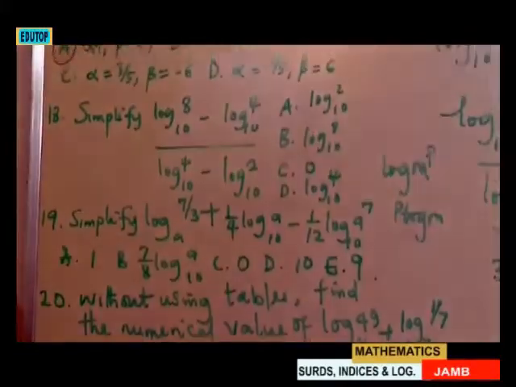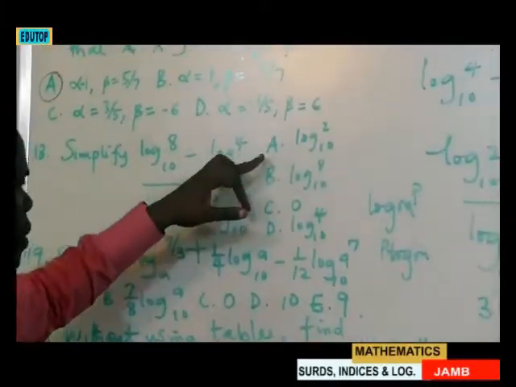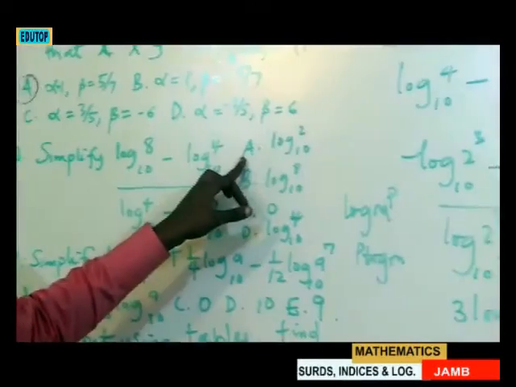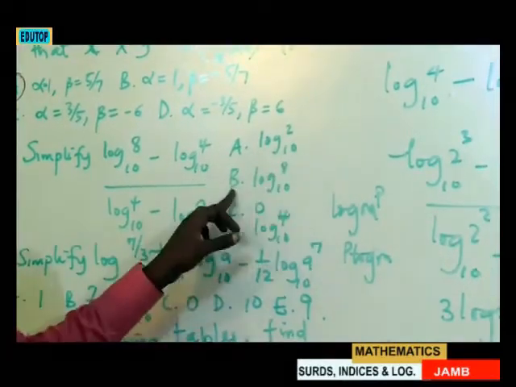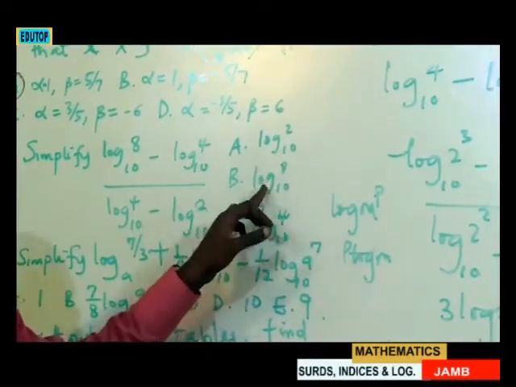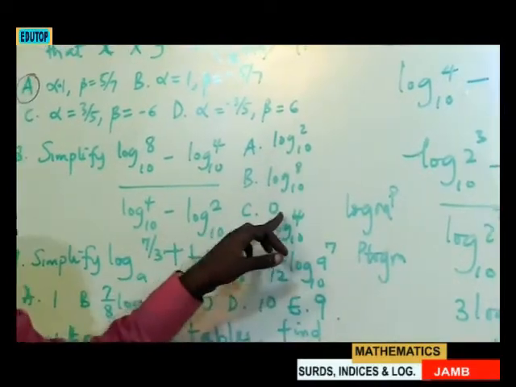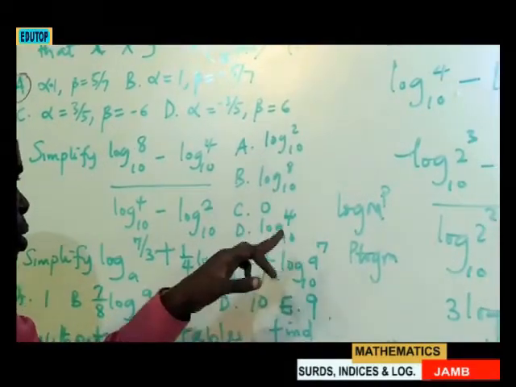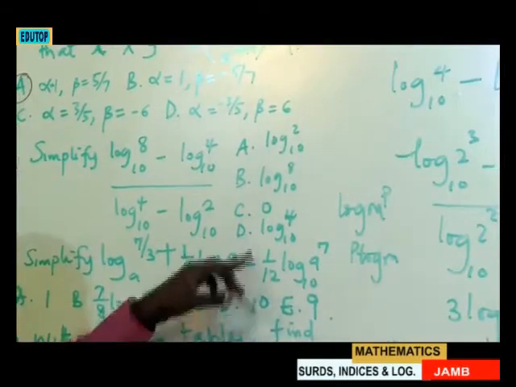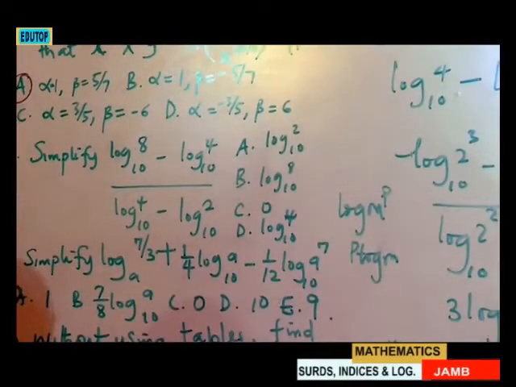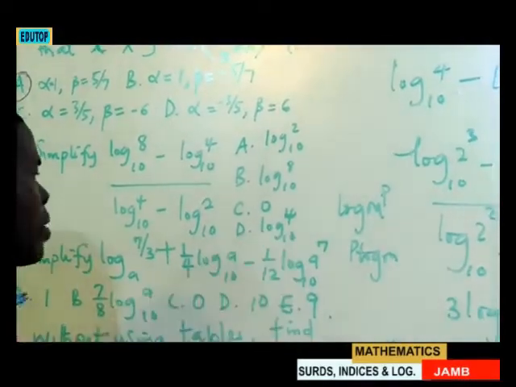we have the first one here is log 2 base 10, B is log 8 base 10, C is log 0, D is log 4 base 10.